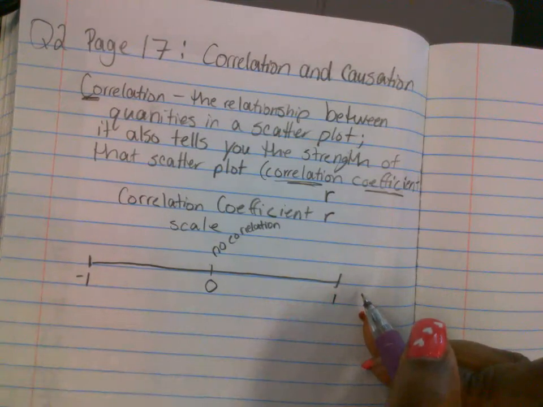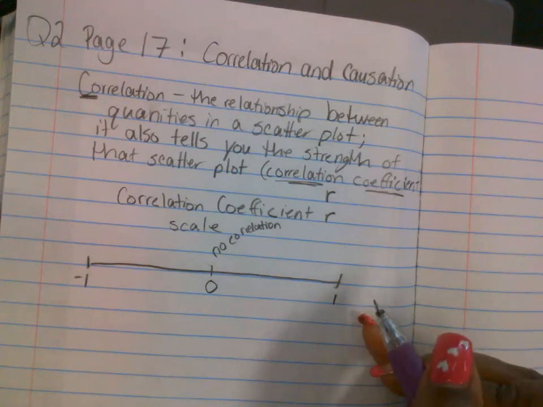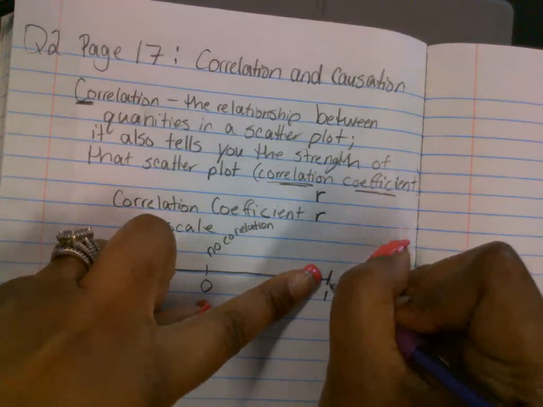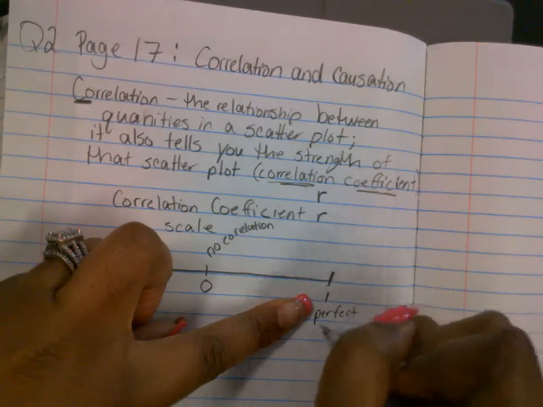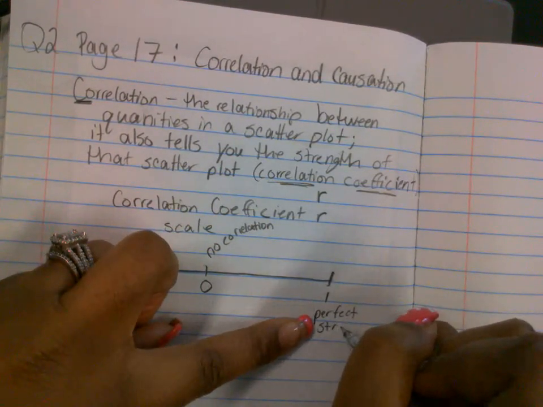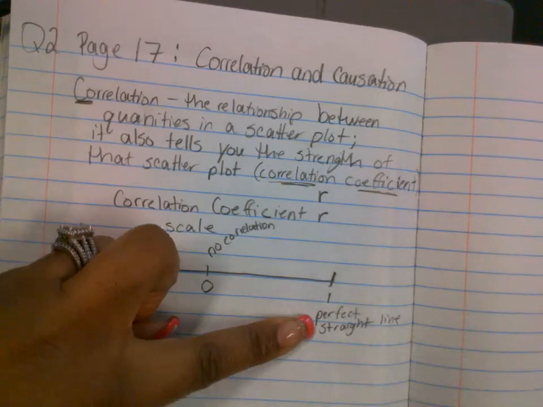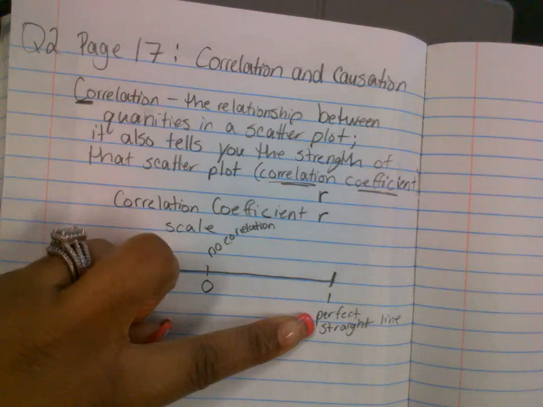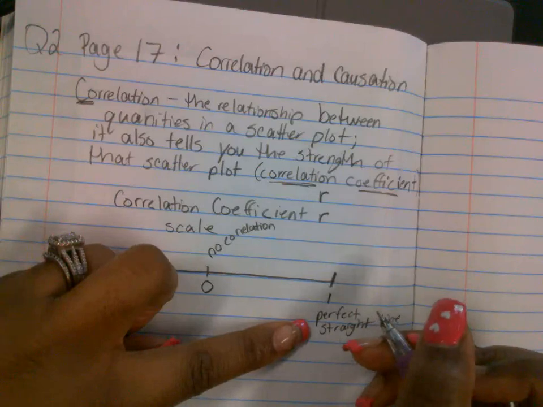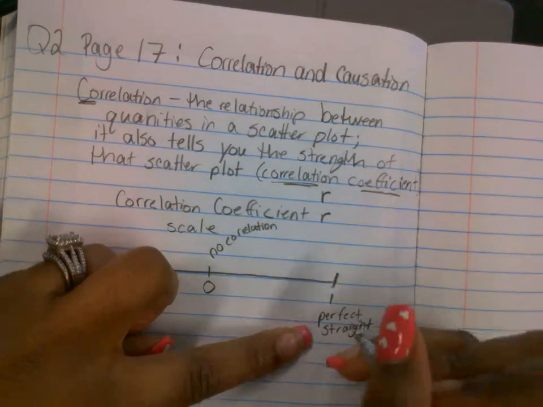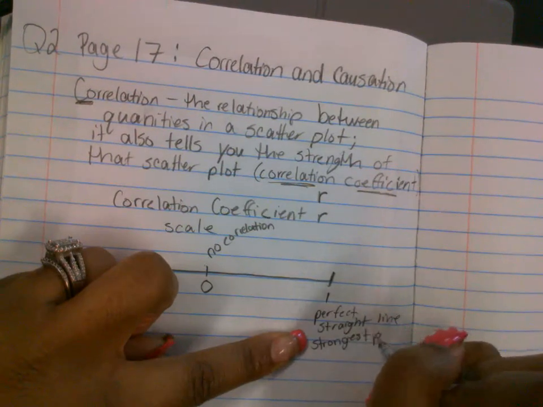Positive 1 means that the scatter plot forms a perfect positive straight line. So this is a perfect straight line right here. The points form a perfect straight line, which means this is the strongest positive correlation there is.